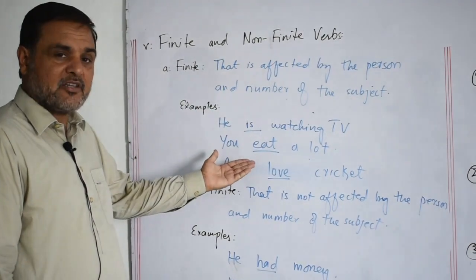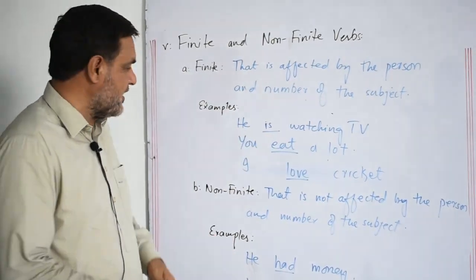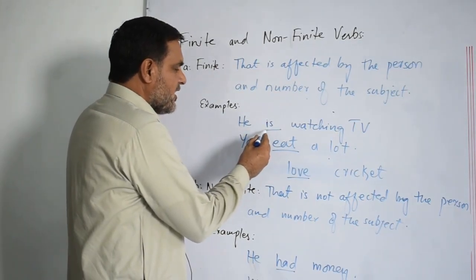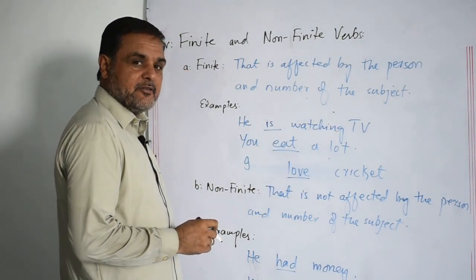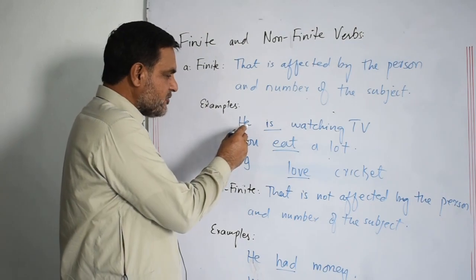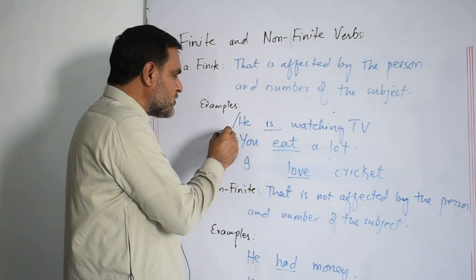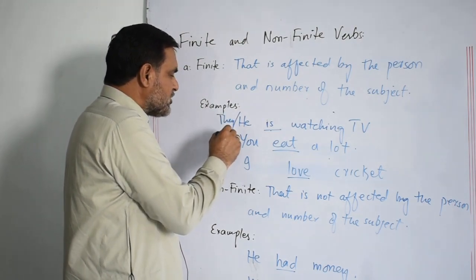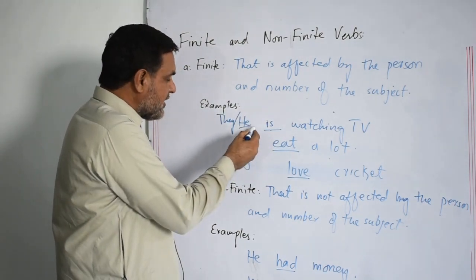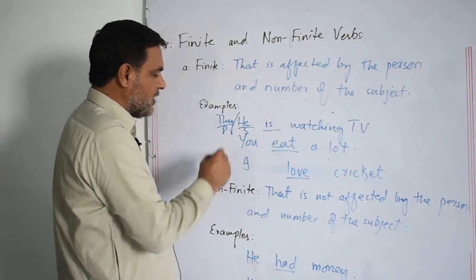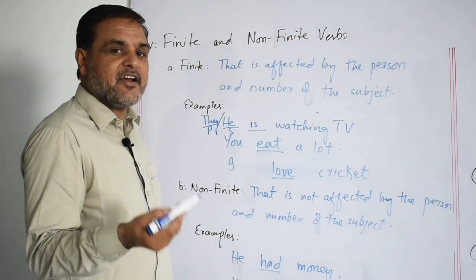Let's talk about the examples. Let me elaborate, illustrate it. He is watching TV. If I use they, change the number from singular to plural. He is singular and they is plural.